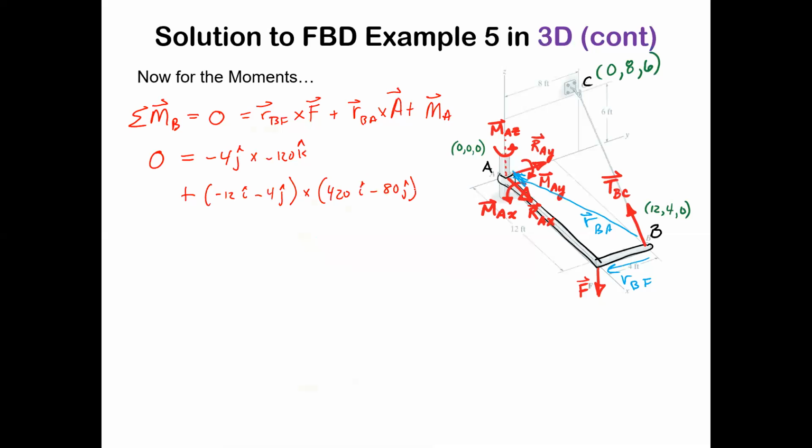Okay, what else do we have to add to this equation? Sorry? So all the moments at A, right? So then we add to that our reaction moment along the X-axis times I, plus our reaction moment along the Y-axis times J, plus the reaction moment along the Z-axis times K. Those three unknowns that we're trying to figure out.